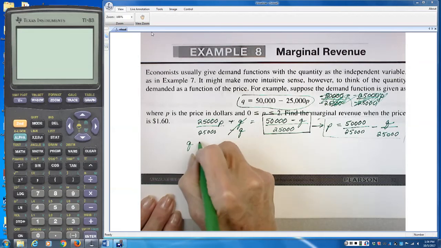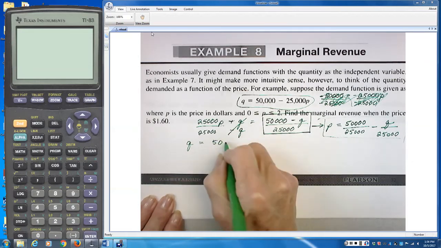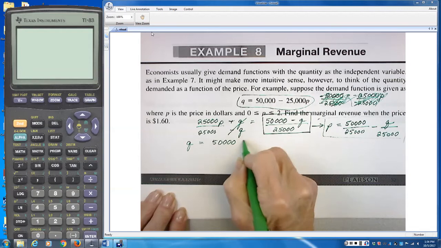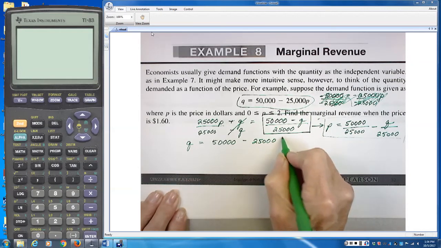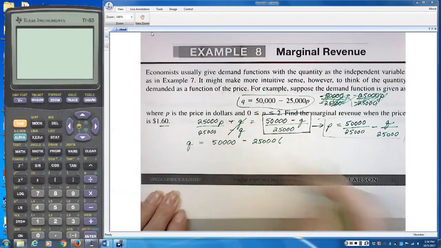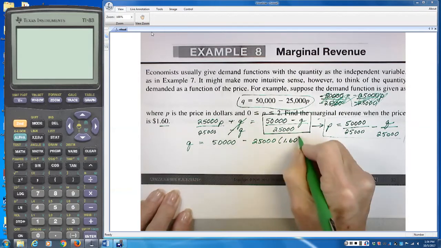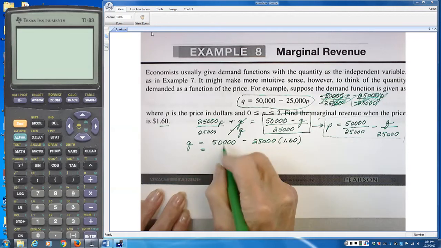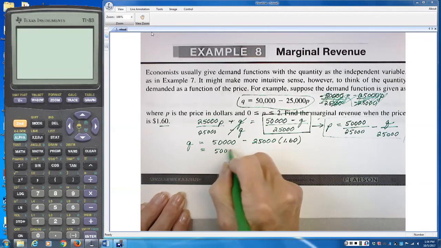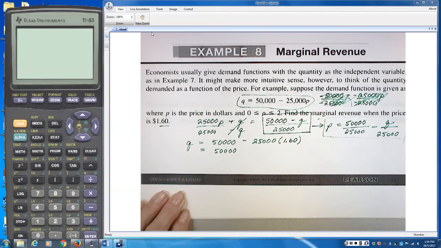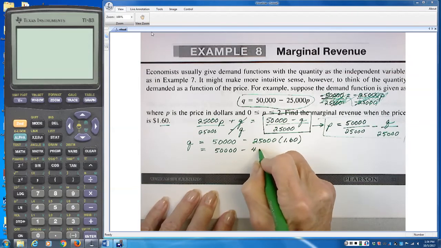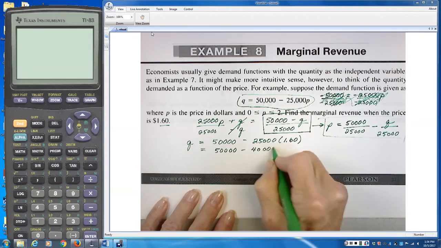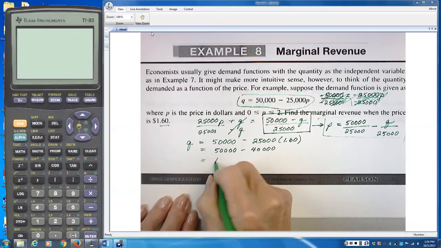So Q is going to be 50,000 minus 25,000 times the price, which is 1.60. And then that gives us 50,000 minus 25,000 times 1.60, which is actually 40,000, I think. Y'all check my math. So the quantity is 10,000.